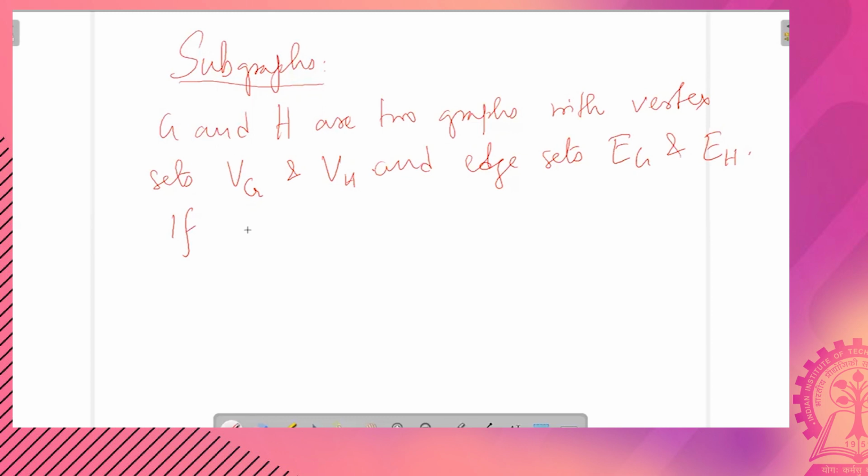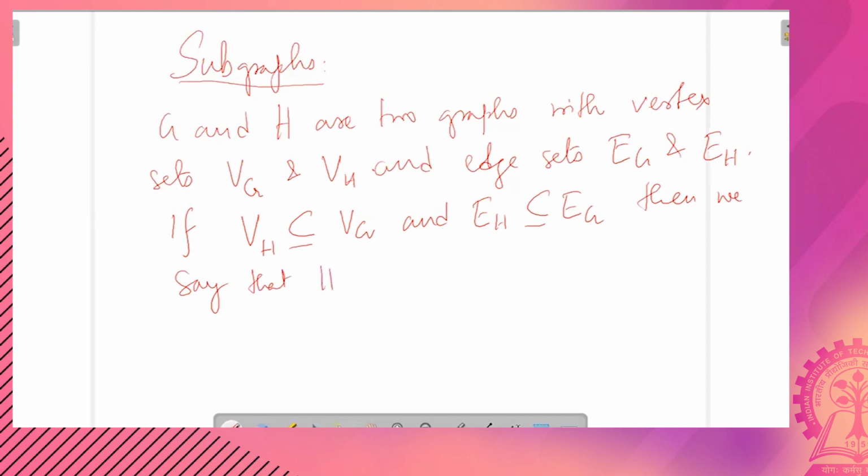If VH is a subset of VG and EH is a subset of EG, then we say that H is a subgraph of G.